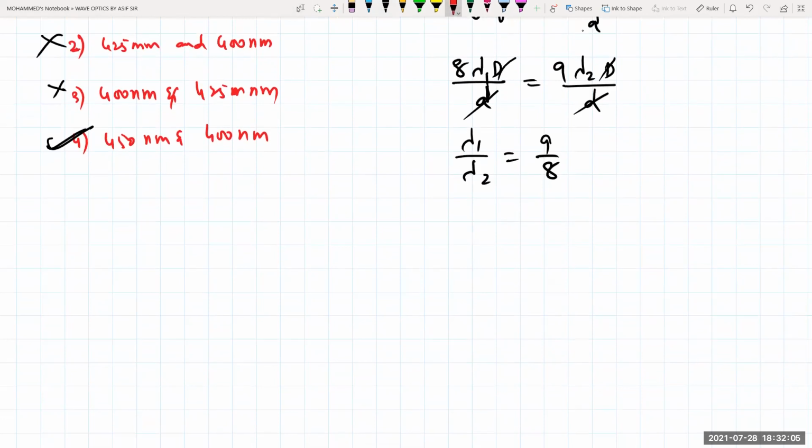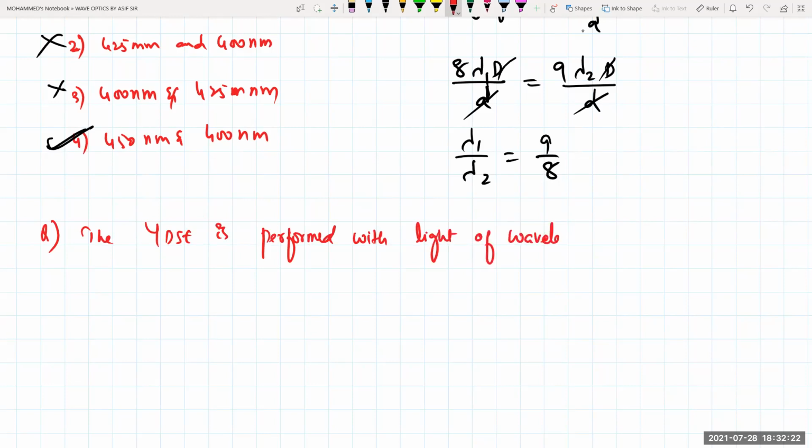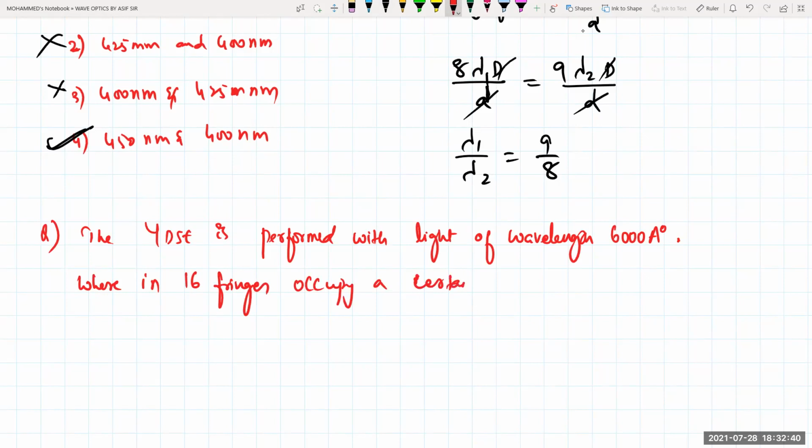Next question. The YDSE is performed with light of wavelength 6000 angstroms, wherein 16 fringes occupy a certain region on the screen.